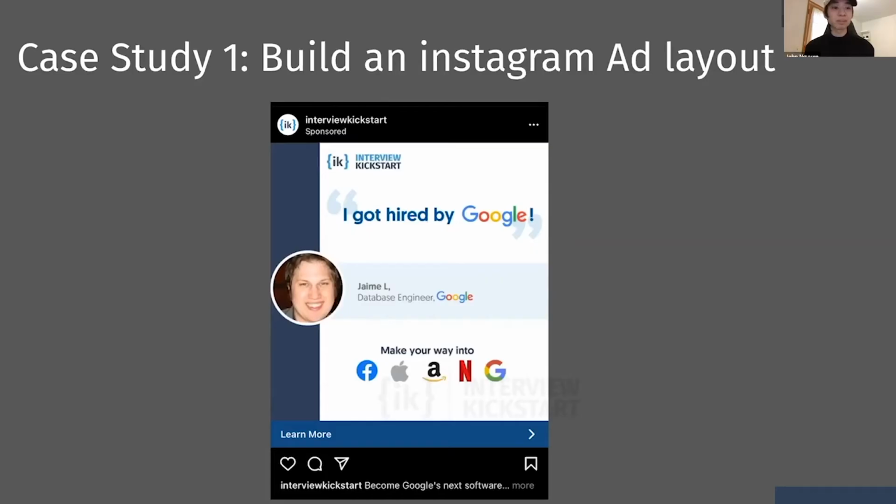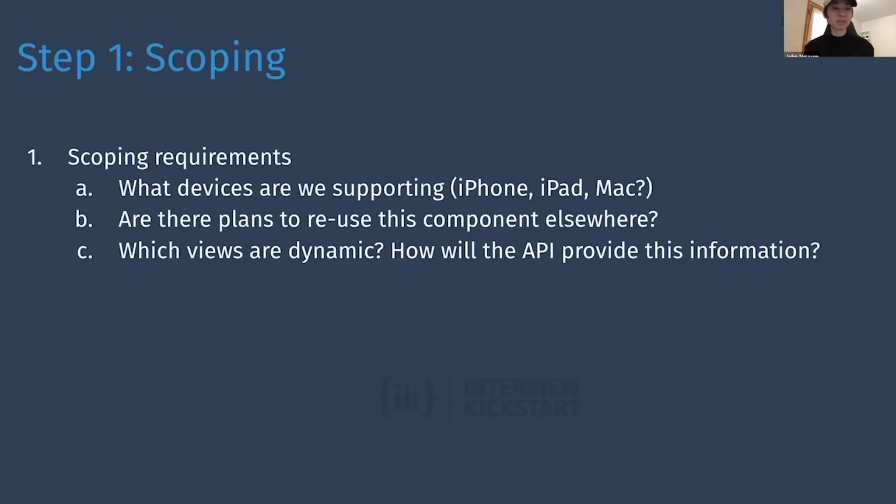In terms of scoping, let's talk about it so that we're only responsible for what we need to work on, and anything else would probably be a follow-up. For device support, we're probably going to be focused on iPhone.